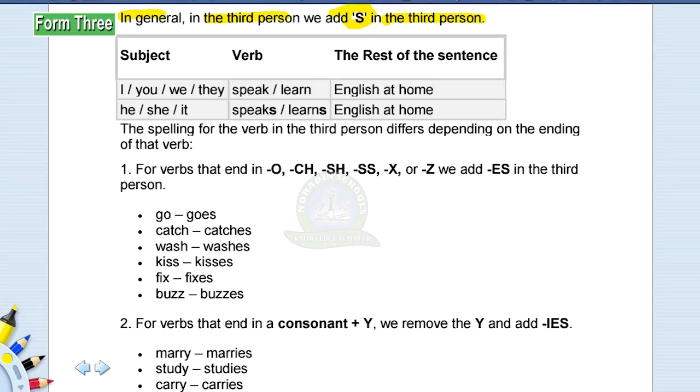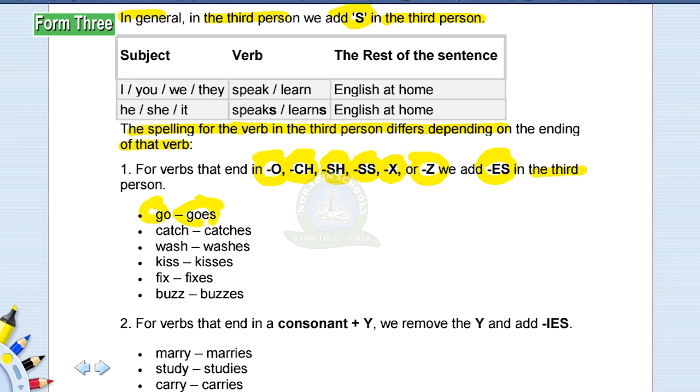The spelling of the verb in the third person differs depending on the end of that verb. For example, verbs that end in o, ch, sh, ss, x, and z take es in the third person. Like you say, go, goes.